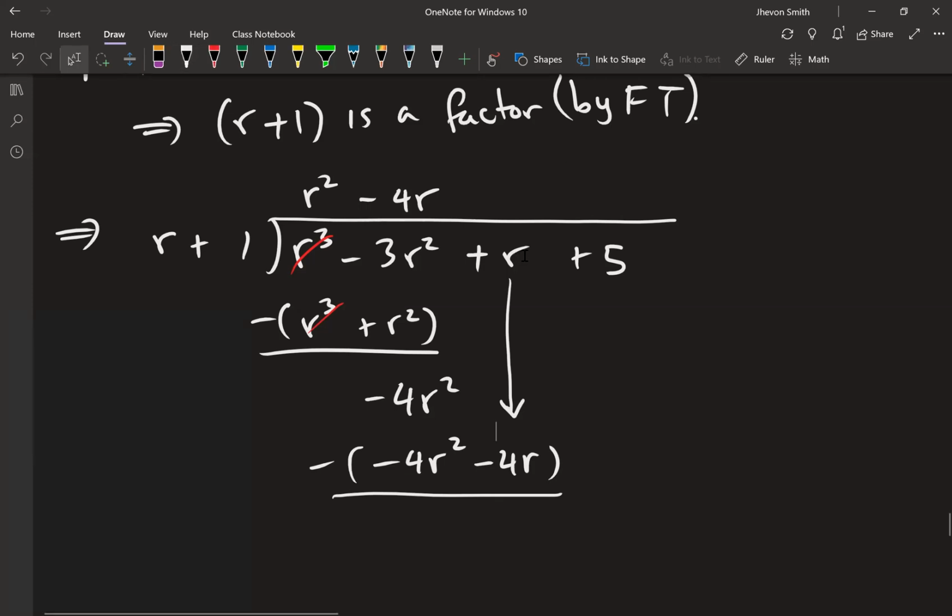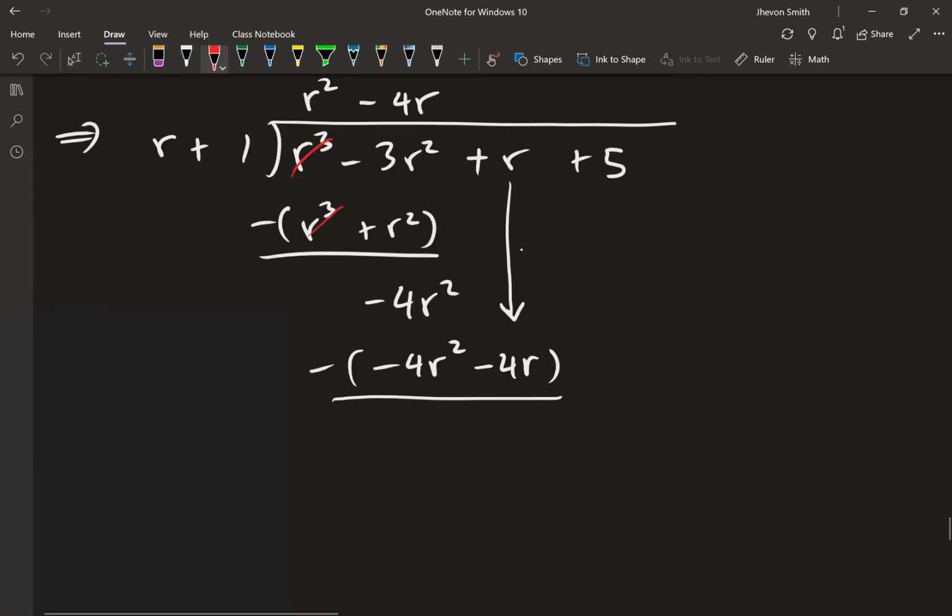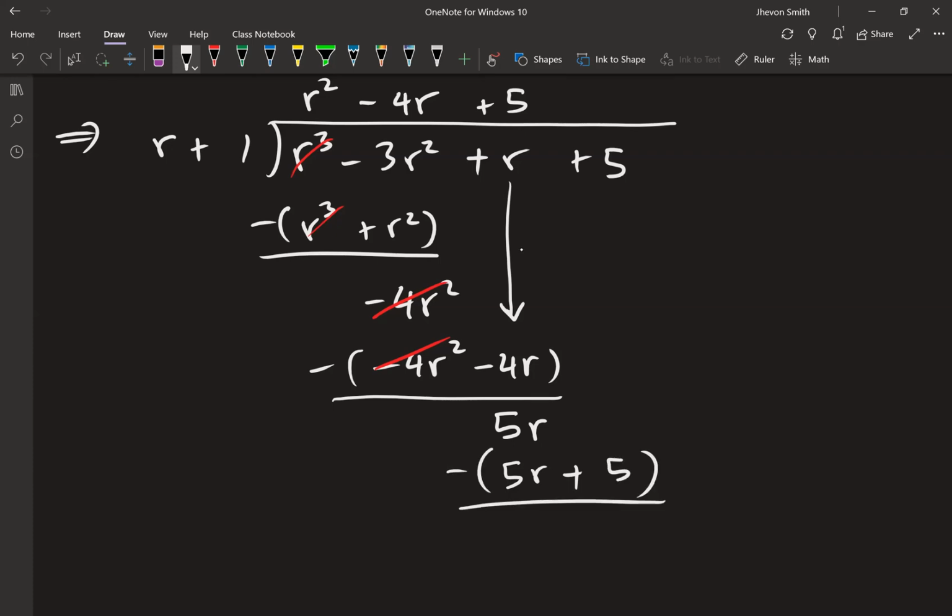And so now these cancel. Then I would have plus r plus 4r. This gives me 5r. Repeat the process. R into 5r goes 5. 5 times r gives me 5r plus 5 times 1 gives me 5. And now you'll realize you end up with 0 here, and then you stop.